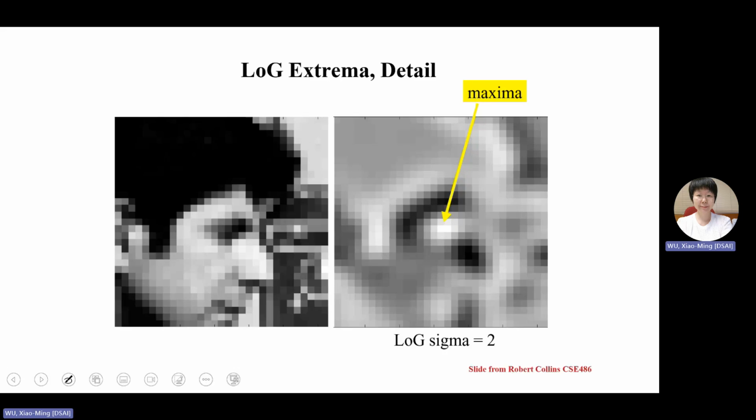You can see this pixel happens to be the center of the eye. The pixel that has the highest response, the maxima, happens to be the center of the eye region, because the eye is just a black blob.